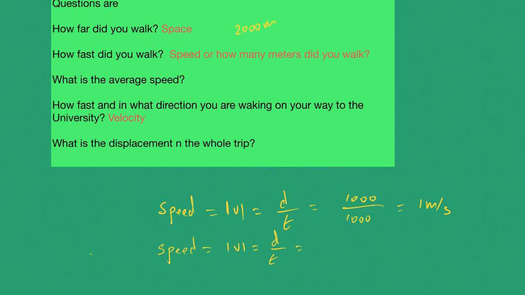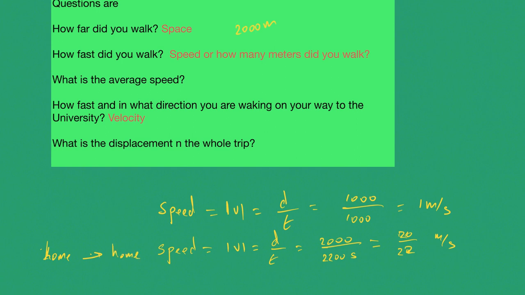The distance traveled is 2,000, and the time elapsed is 2,200 seconds. So the speed in this case is 20 divided by 22 meters per second. And this is the speed going from home to home.